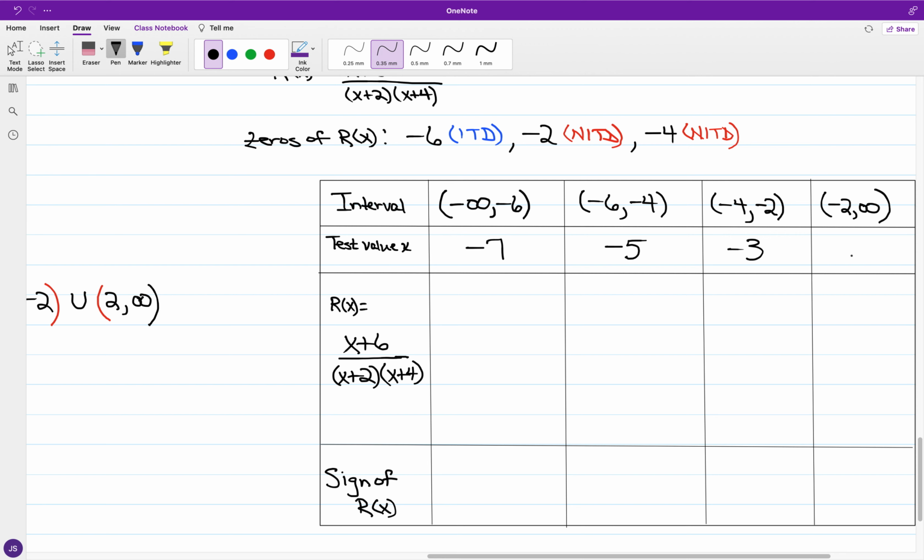And anything greater than negative 2, I can just go with 0. So for r of negative 7, we got negative 7 plus 6, that'll be negative 1. Negative 7 plus 2 is negative 5, and negative 7 plus 4 is negative 3, so negative 5 times negative 3 is 15, giving negative 1 over 15.